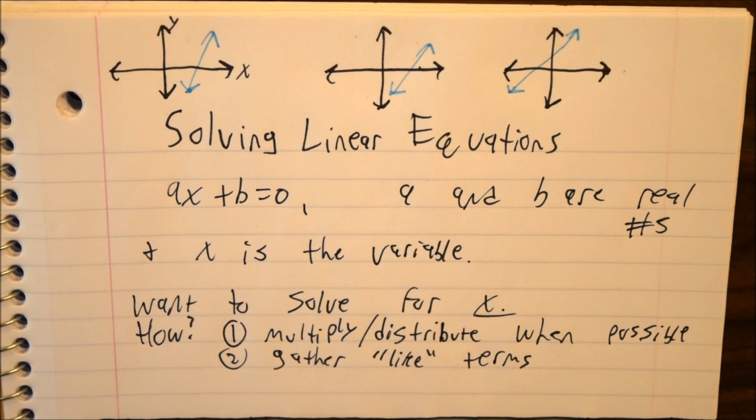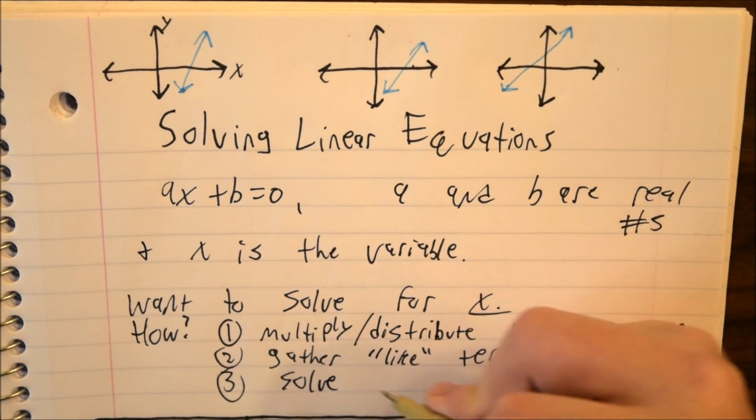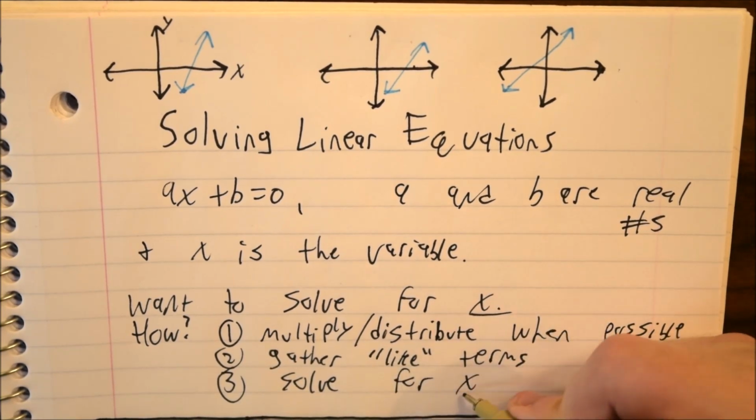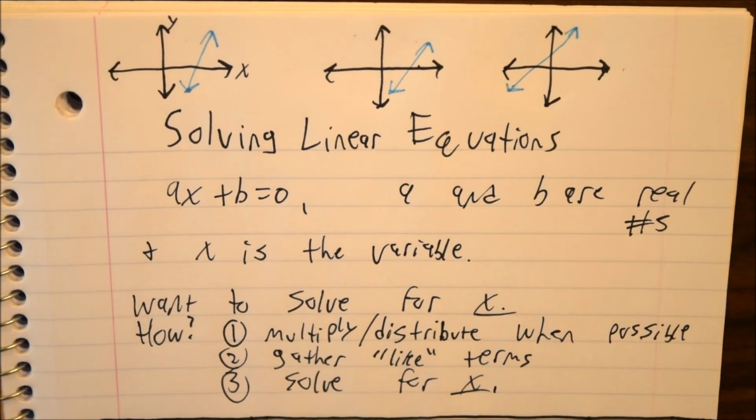What I mean by like terms is, on the same side of whatever equal sign we're looking at, like the left or the right side, I want to get all my x's with my x's, all my numbers with my numbers. Try to combine those when I can. And then the third step is going to be solve for x. That's the goal. So we're going to add or subtract on both sides of the equal sign in order to do that.